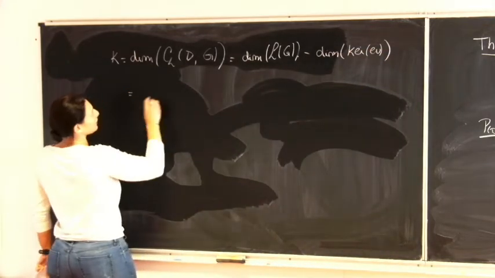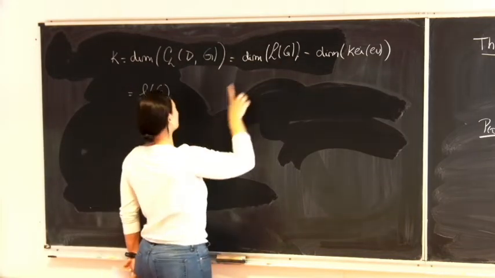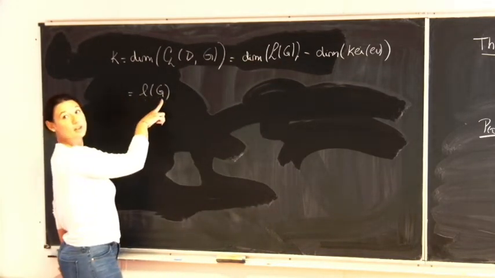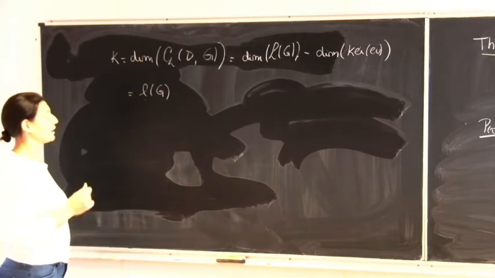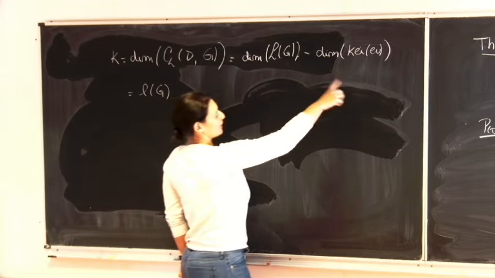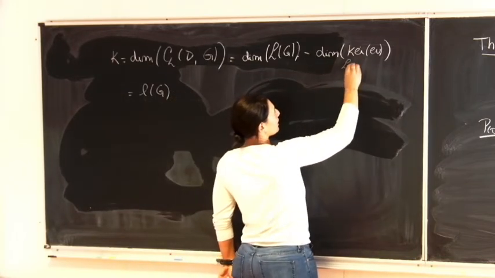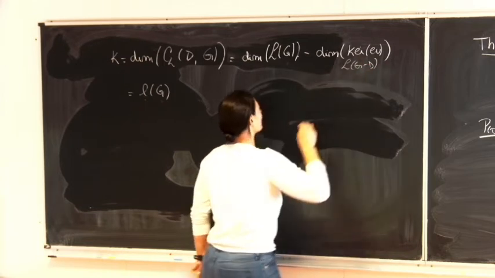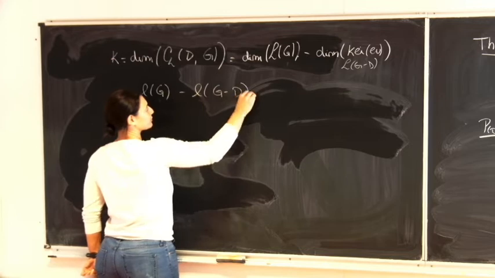This is how I define the dimension of a divisor as the dimension of the Riemann-Roch space associated to that divisor, and the dimension of the kernel is the dimension of the Riemann-Roch space L of G minus D. So here I have minus L of G minus D.